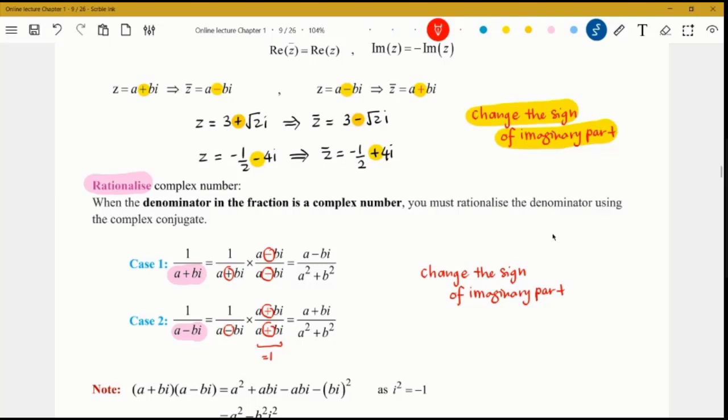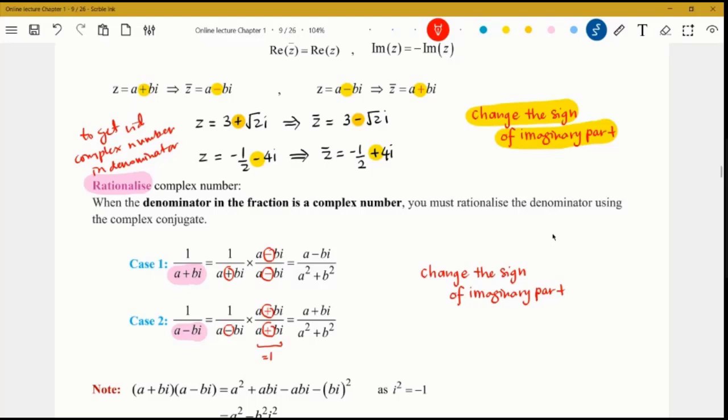So the purpose of rationalize to get rid complex number in denominator. Okay, pada bahagian bawah ataupun denominator tak boleh ada complex number, sebab tu kamu perlu rationalize.